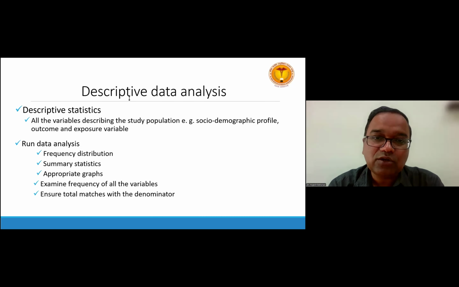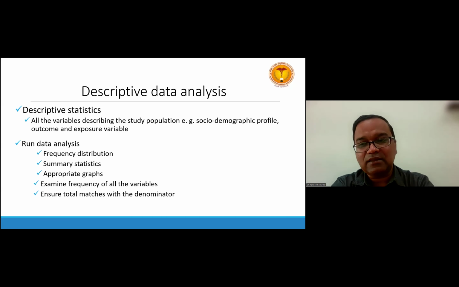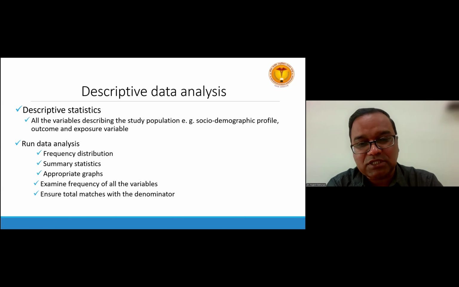So coming to the first part, the descriptive statistics. As I have already told you, in descriptive statistics the variables are getting described, like frequency or summary statistics or the appropriate graphs. But at the end, whenever we analyze the data for descriptive analysis, always check for the denominator.